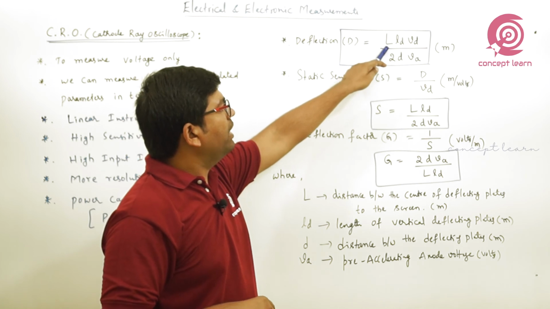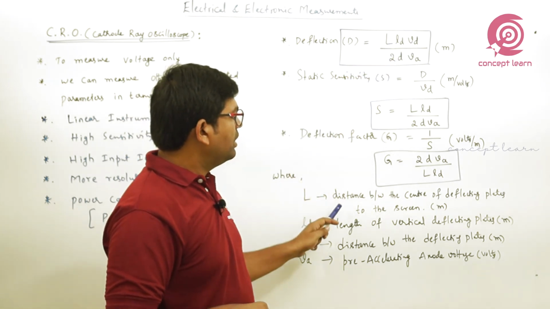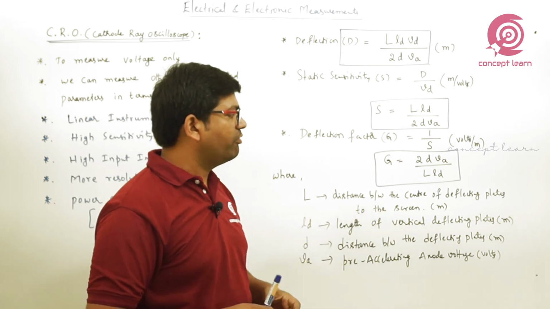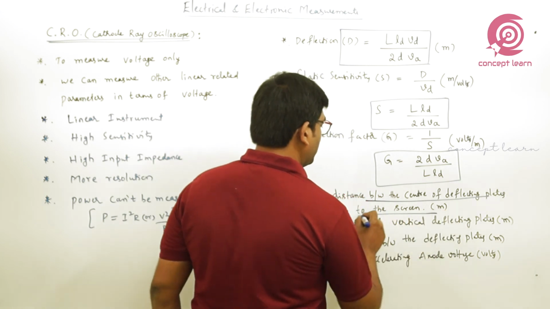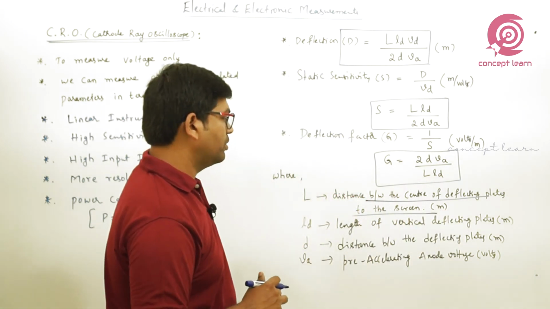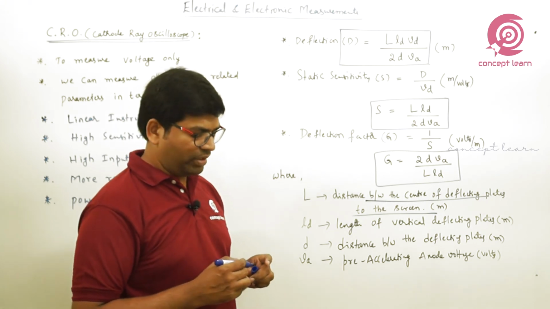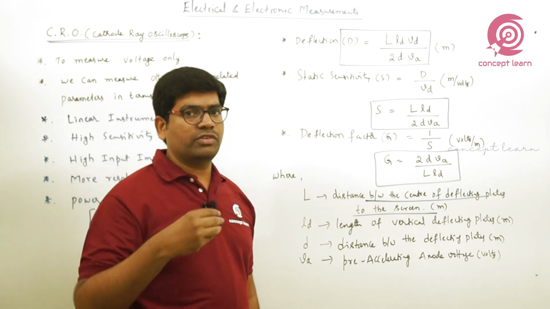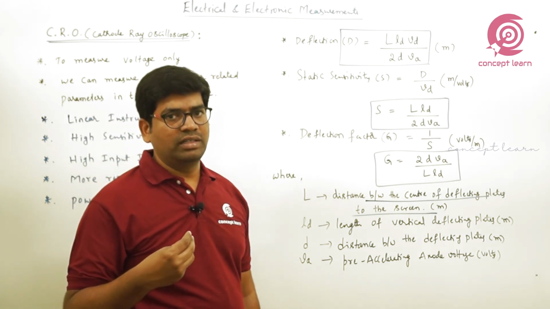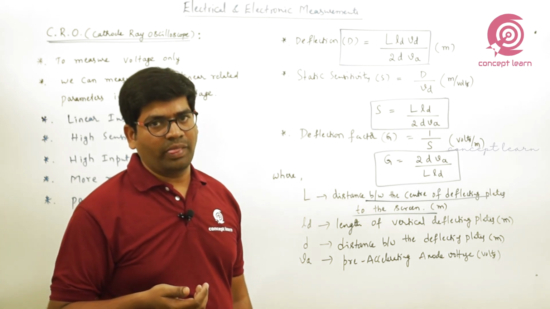So that is L into L_T into V_D by 2d into V_A, where L is the distance between the center of the deflecting plates to the screen. This is capital L, and it is in meters only. L_T is the length of the vertical deflecting plate, because in the CRT the unknown quantity which we are giving is first given to the vertical deflecting plates, right?